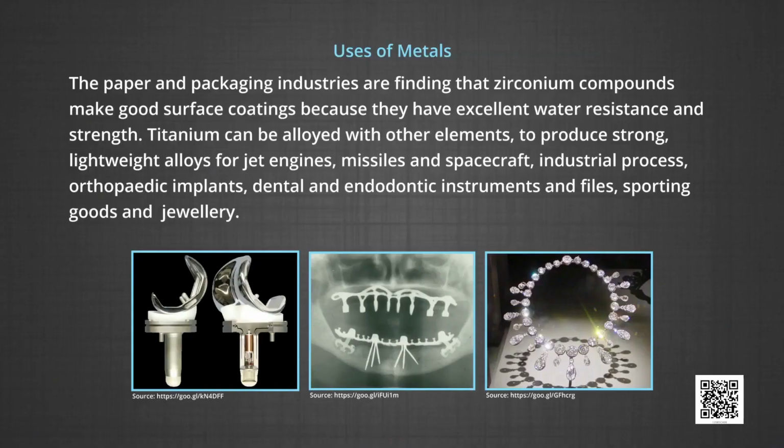The paper and packaging industries are finding that zirconium compounds make good surface coatings because they have excellent water resistance and strength. Titanium can be alloyed with other elements to produce strong, lightweight alloys for jet engines, missiles and spacecraft, industrial processes, orthopedic implants, dental and endodontic instruments and files, sporting goods and jewelry.